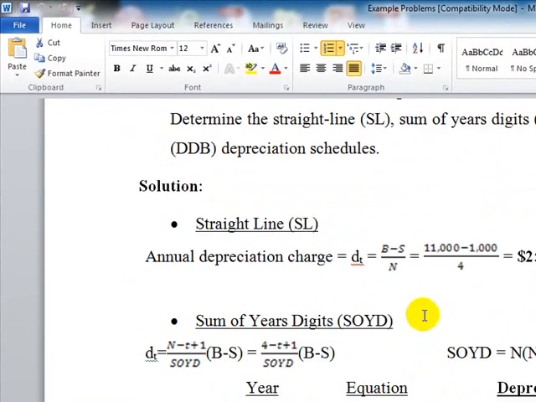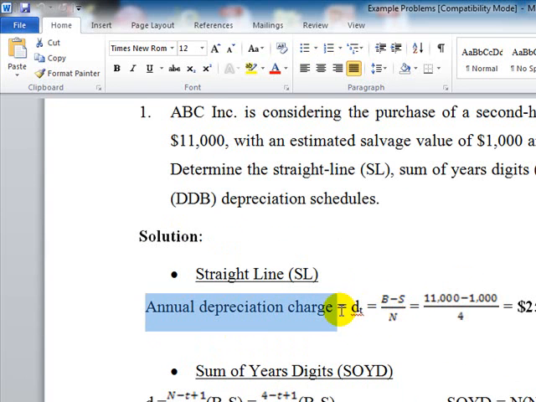So let's first focus on straight line depreciation. As the name suggests, it is one of the most straightforward. What we do in this depreciation method is divide the total depreciation equally among all the years. So here the formula is D sub T, where D is the depreciation charge and T is the year.